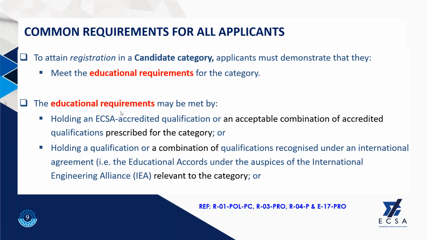The educational requirements may be met by the following: holding an ECSA accredited qualification or an acceptable combination of accredited qualifications prescribed for that particular category. So in the next slide, obviously you will be able to see what qualification you need to have in order to register in that particular category. Holding of a qualification or a combination of qualifications recognized under an international agreement.